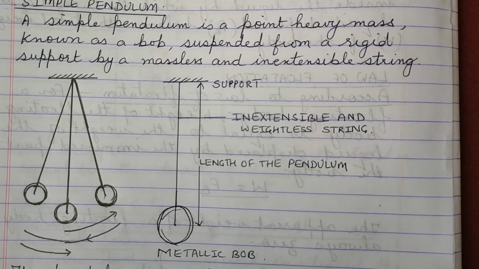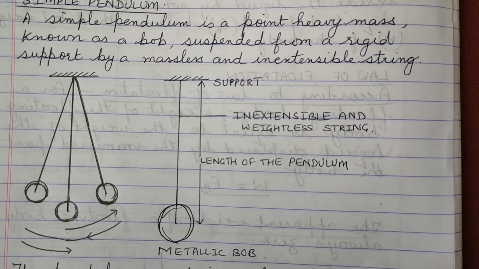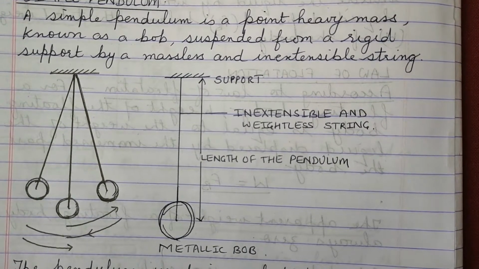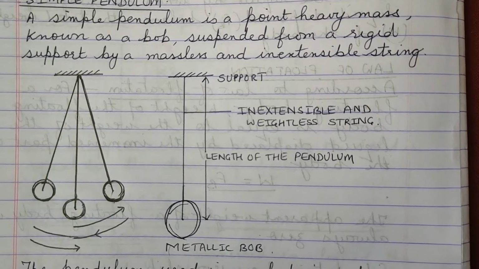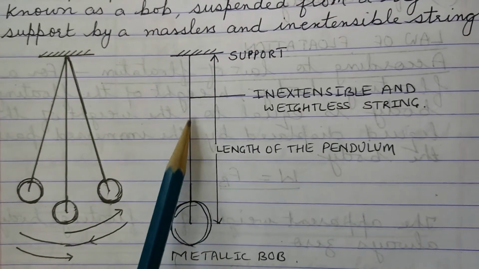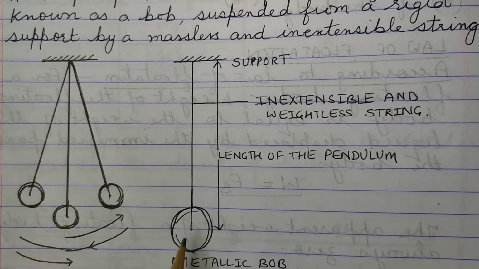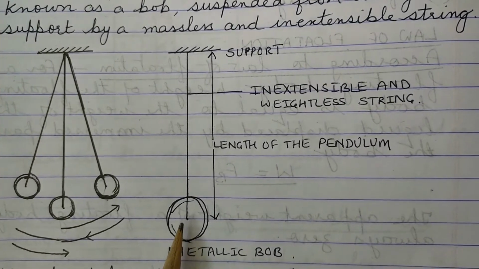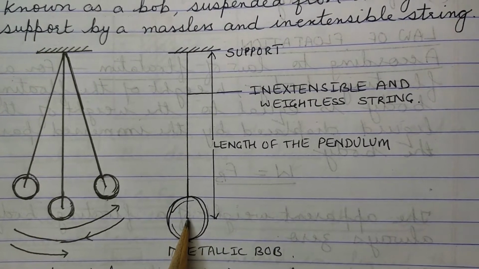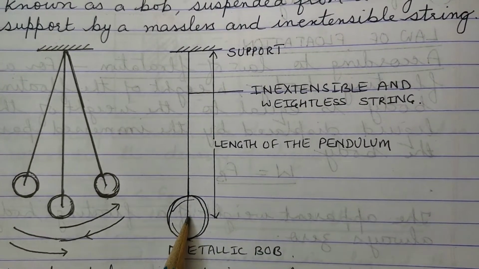If you are asked to draw a diagram for a simple pendulum, I have given you two diagrams. One is simply to identify what is a simple pendulum, where a string has been shown, fixed with a support, and the length of the pendulum always will be considered from the fixed support up to the center of gravity of the metallic bob.